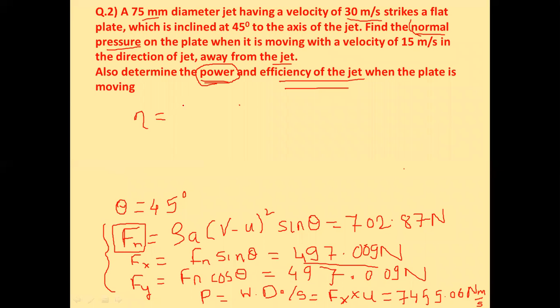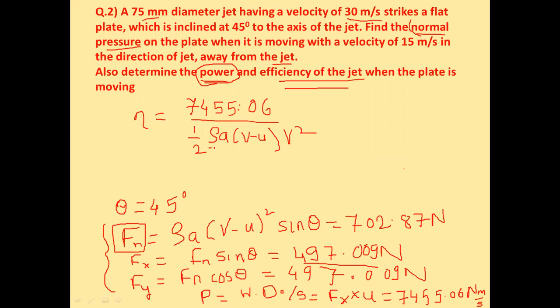Output is the work done per second, and we already have its value, 7455.06. Input is half mv square, where m is rho a (V minus u), into V square, that is capital V square.